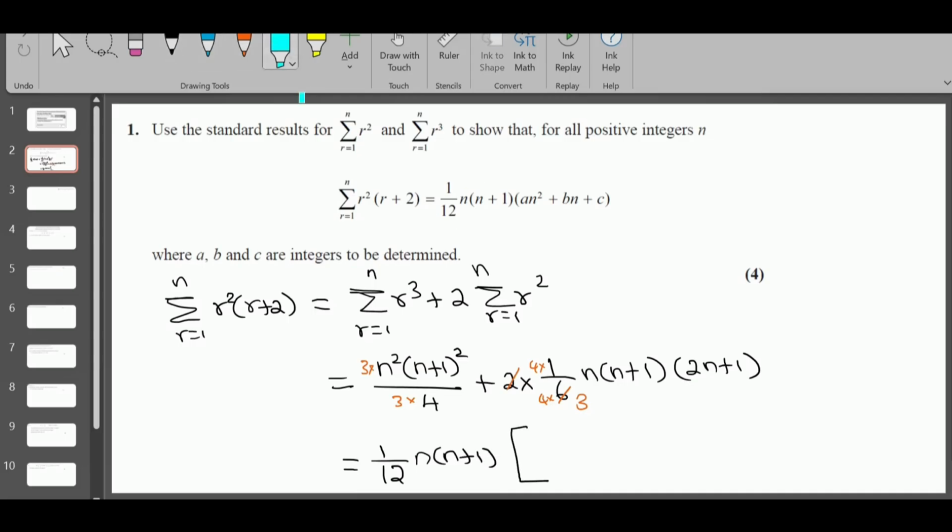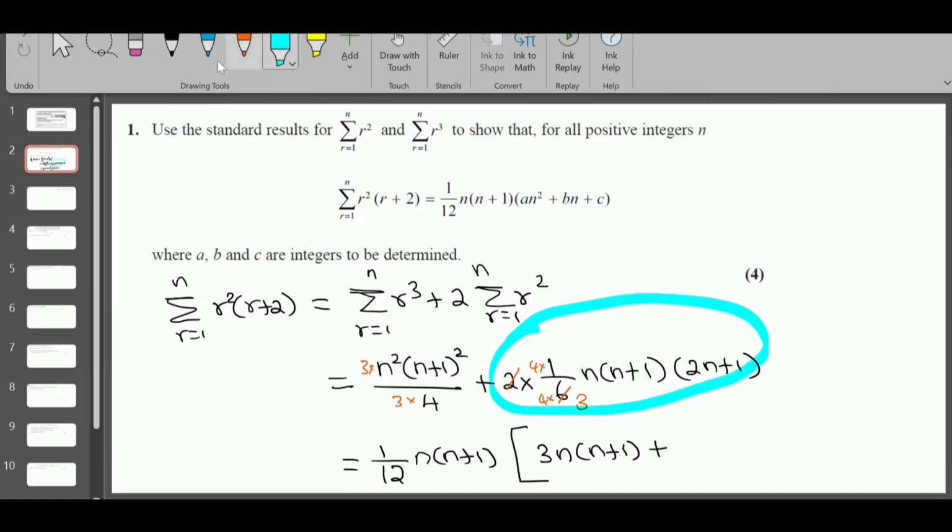So in the first term, if you have taken all this n times n plus 1 as a common factor, you'll be left with 3 n times n plus 1 plus. In the second term, if you have taken n times n plus 1 over 12 as a common factor, you'll be left with 4 times 2n plus 1.